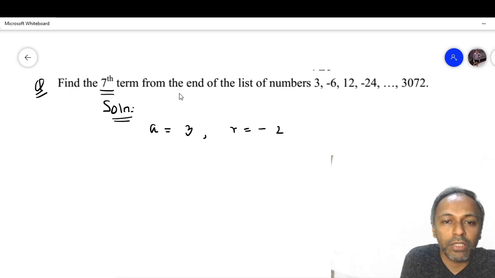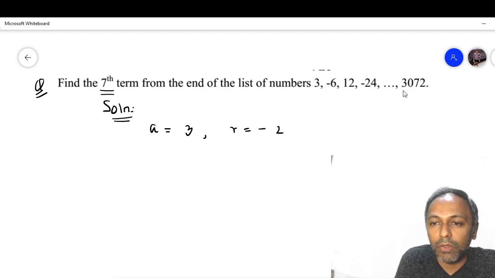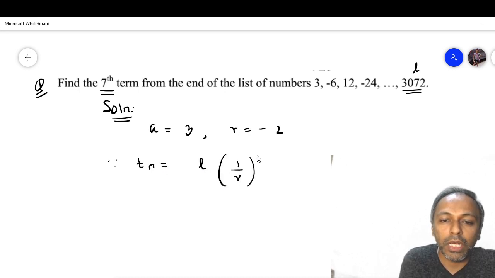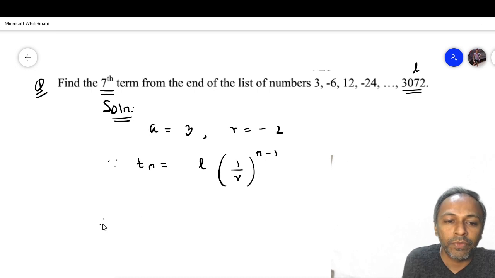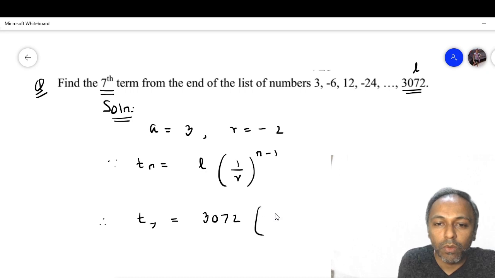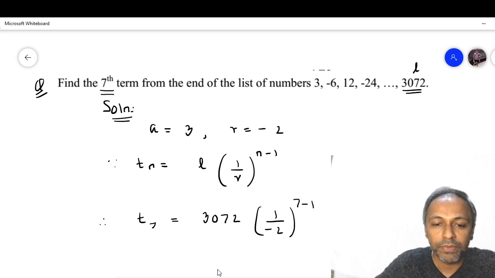We want to get the 7th term from the end of the list. Now this term is going to act as the last term. So we can write, since Tn is equal to L into (1 upon r) raised to n minus 1, therefore T7, as you want the 7th term from ending, is equal to 3072 into (1 upon minus 2) raised to 7 minus 1.